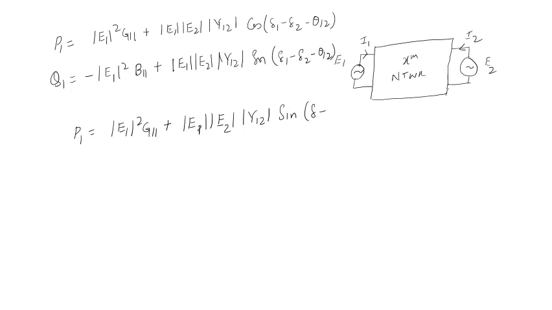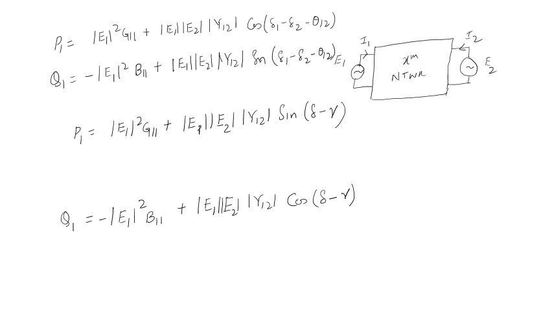Okay, and for Q1, mod E1 square minus B11 plus E1 E2 Y12 cos, it has to be cos, del minus gamma.